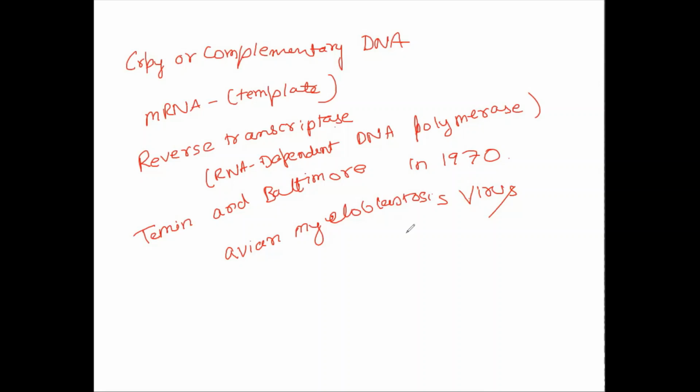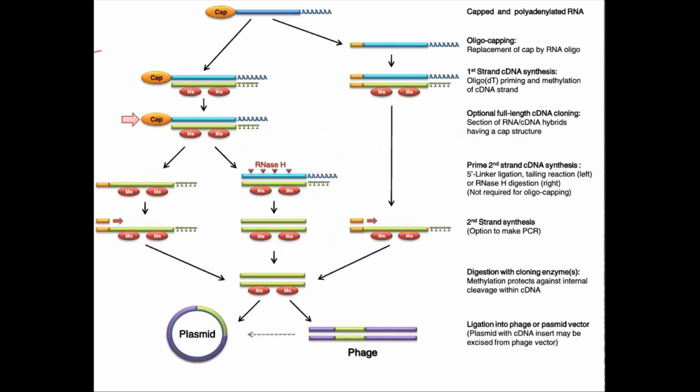Now let's talk about the process of mRNA to cDNA and then cDNA library. You already know most of the topics, like how it has been done. This is an image which has been taken from the author, and I found it very relevant; it could help me to easily explain the concept.